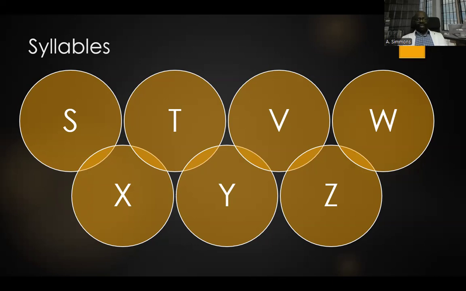The X, remember the X. Anytime you see the X, remember KS. The X represents K and S. It's 2 consonants combined, like in the word exit. You see E-X-I-T, exit. But in actuality, what you're reading is EKSIT, exit.